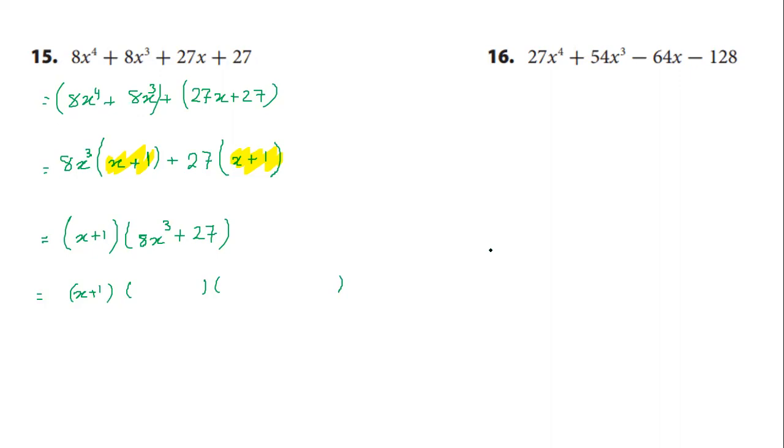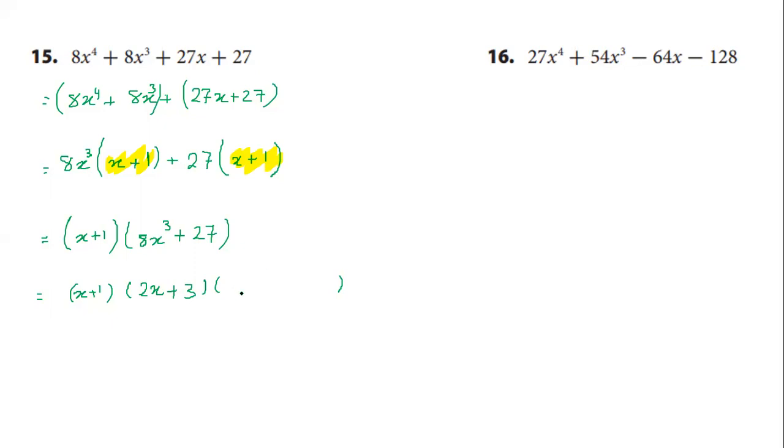Okay, let's go. 8x cubed plus 27. We take the cube root of 8x cubed, which is 2x, plus the cube root of 27, which is 3.